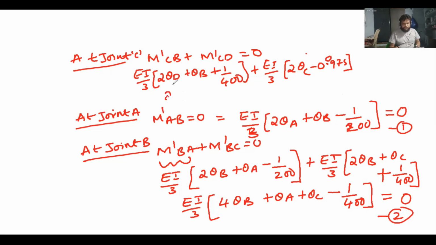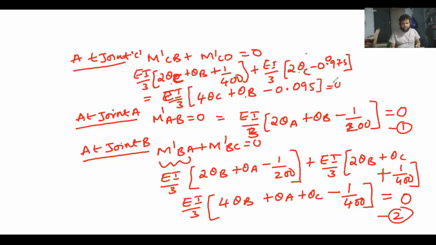So if I take EI by 3 common, this will become 2 theta C plus 2 theta C, 4 theta C plus theta B, minus 0.095.